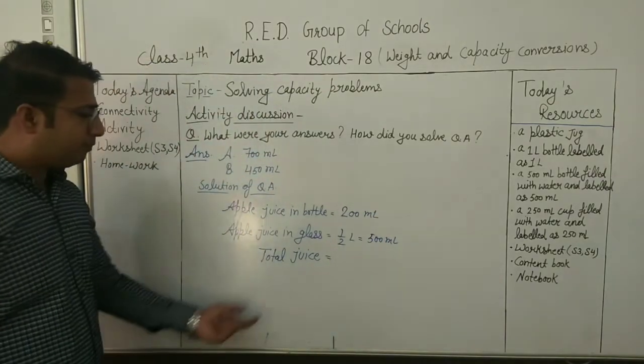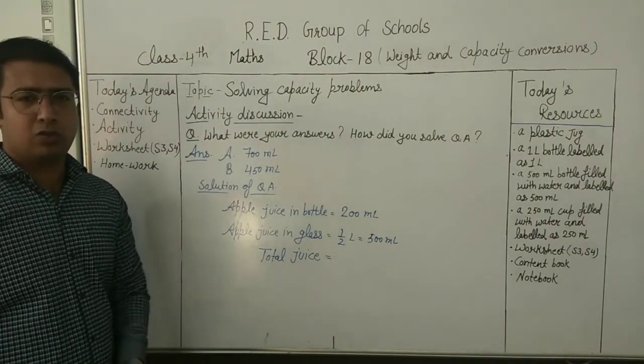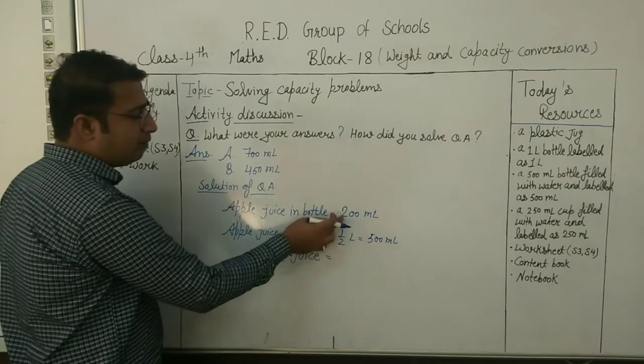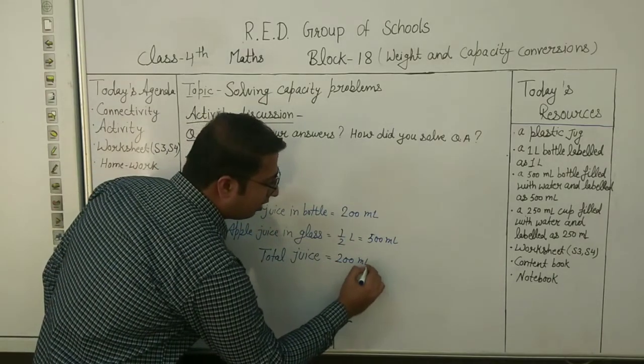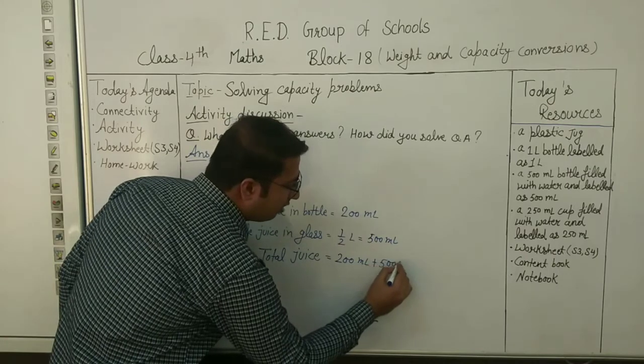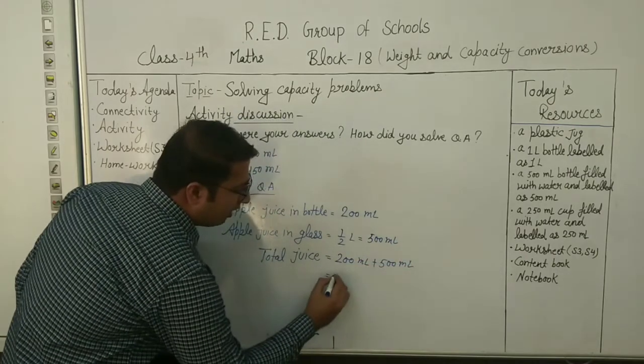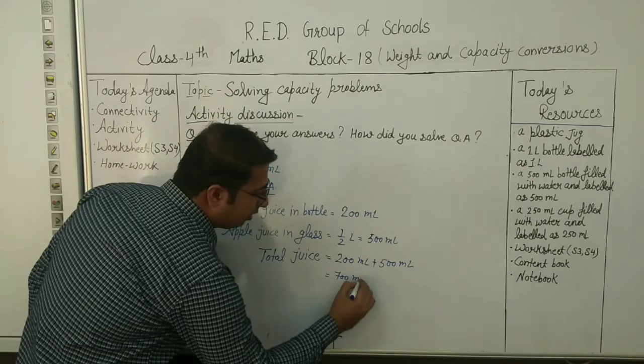Now we have to find the total juice, so we add both the quantities. That means we will add 200 milliliter plus 500 milliliter. So we will get 700 milliliter.